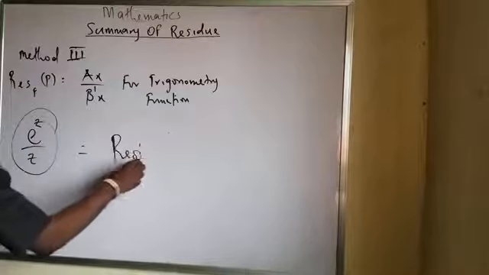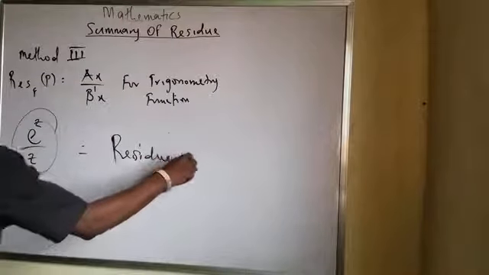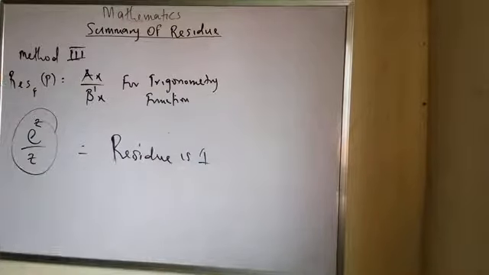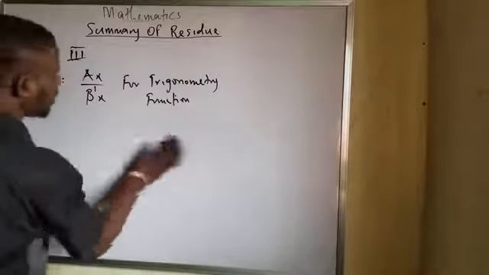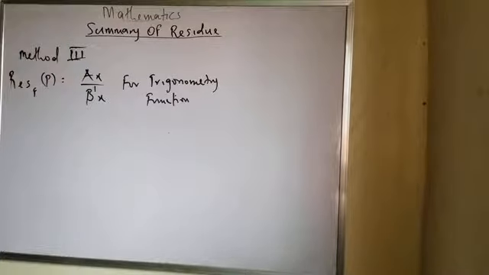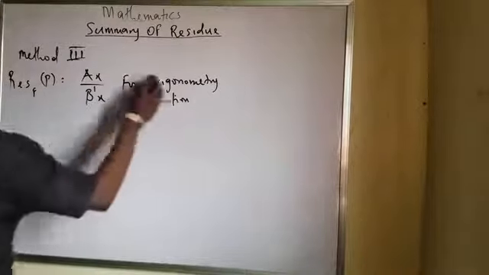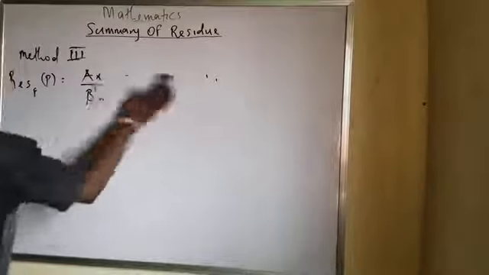I will try, maybe, to give an example on the second one and the third one, if time permits. Okay, let me try to give an example on this third method.